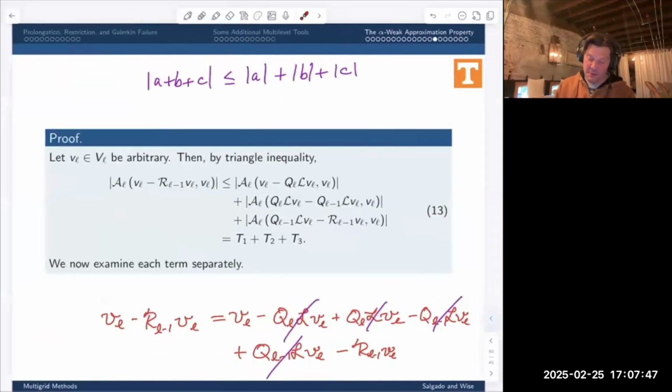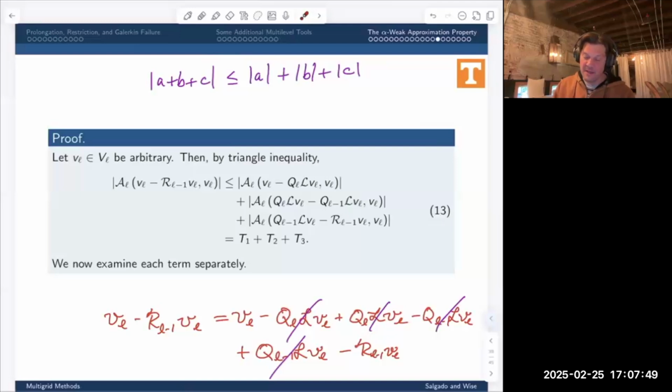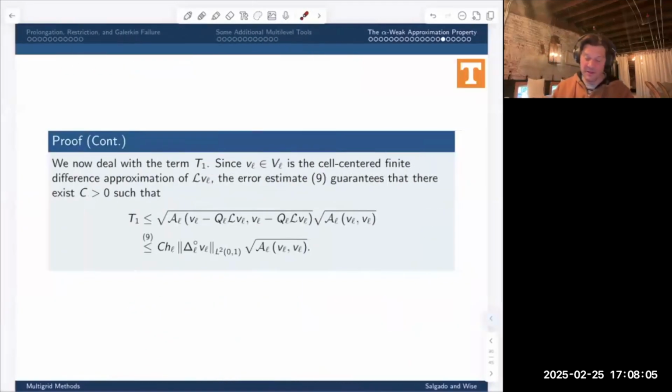T1 is V minus the projection of the lifting of VL. Okay, VL minus the projection of the lifting of the thing itself. So let's see, how can we deal with this object?